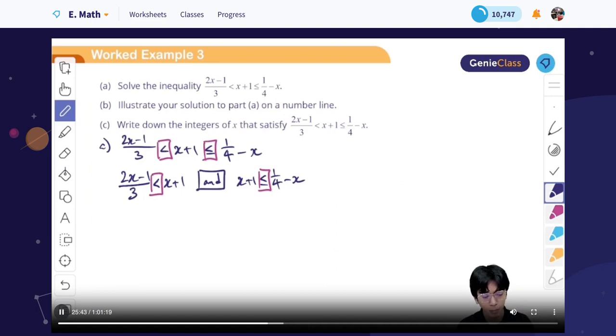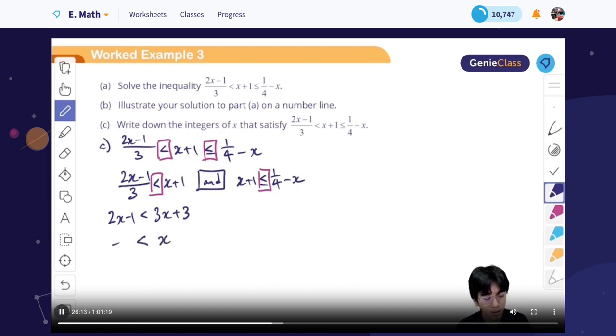Okay. So, first inequality, let's solve it. 2x minus 1 less than 3x plus 3, right? I multiply both sides by 3. Since I multiply by a positive number, nothing happens. Okay, then what? I can bring the 2x over, so I'll get x on the right hand side, and then I minus 3 on both sides.